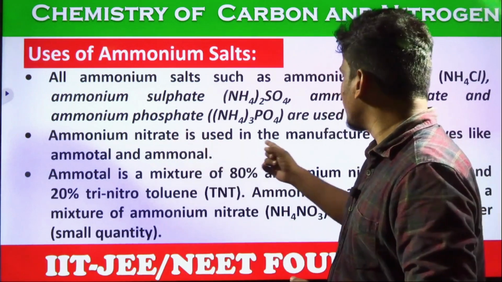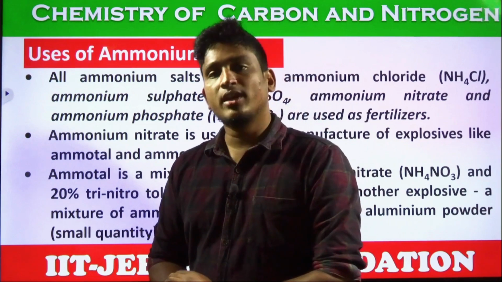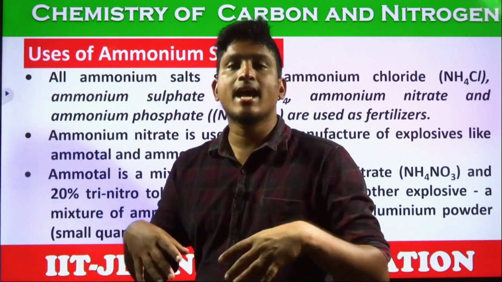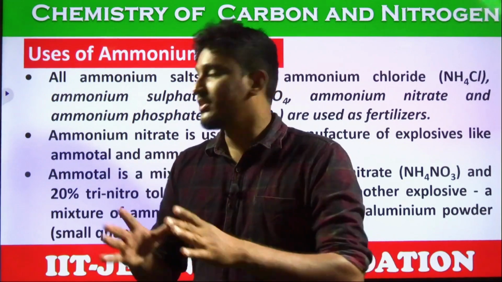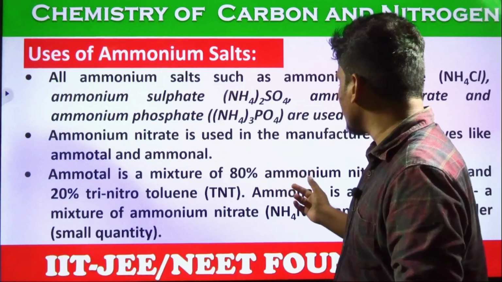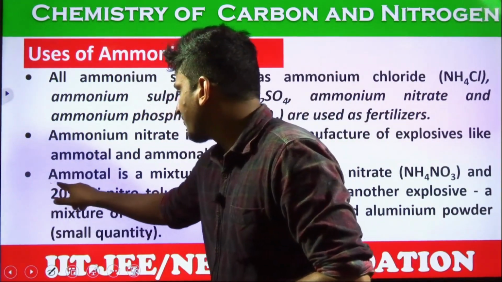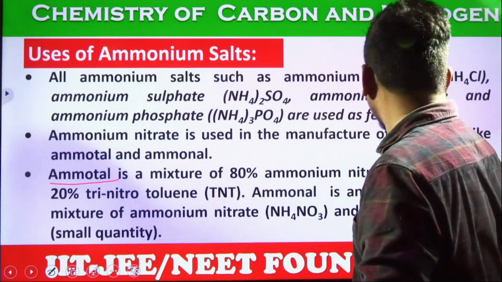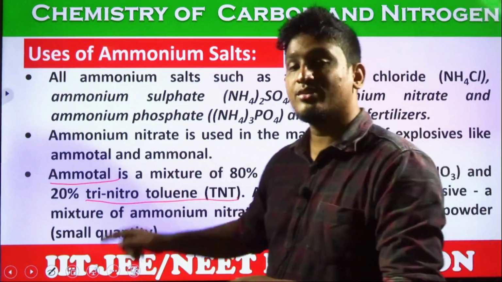Ammonium nitrate is used in the manufacturing of explosives like ammotal and ammonal. Ammonium nitrate has this explosive nature because the compound is a little bit unstable, so it is used for explosives also. These are very, very important, students. Ammotal is a mixture of 80% ammonium nitrate and 20% TNT, the dangerous chemical trinitrotoluene.